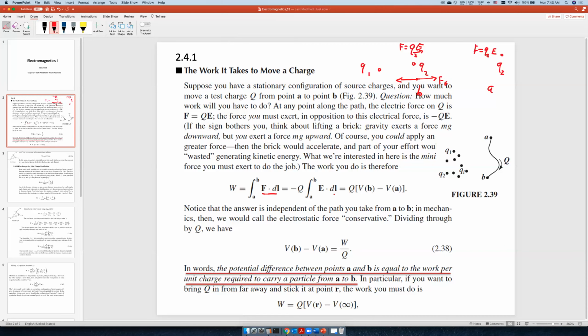And then if you do this integral, you will get Q times (VB minus VA), because we have been doing this in previous chapters.